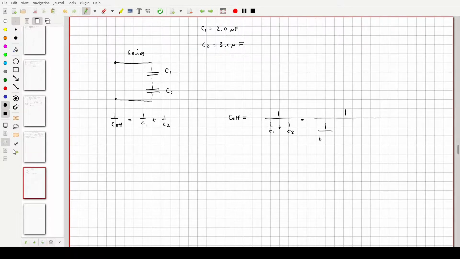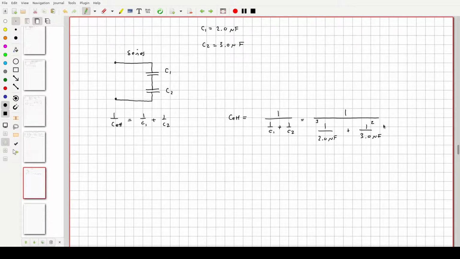Now what's C1? 2.0 microfarads. What's C2? 3.0 microfarads. Now what I'm going to do is to find a common denominator and add them. I find personally that it's a lot easier for me to work with fractions when I'm dealing with capacitance. So here the common denominator is 6. So that would make this 3, and this would be 2 for a common denominator of 6.